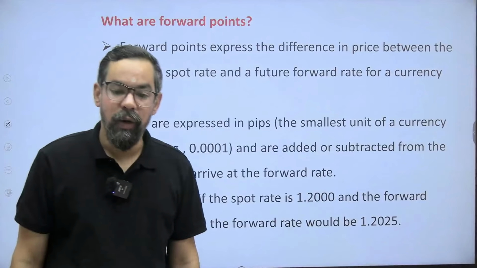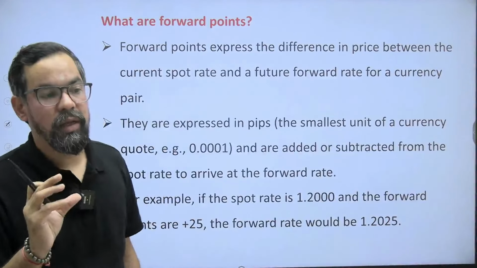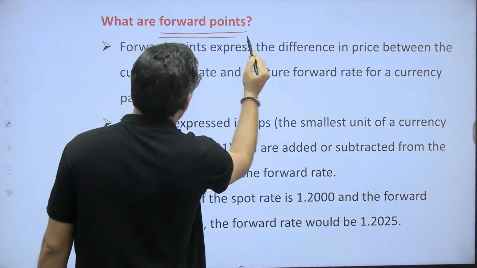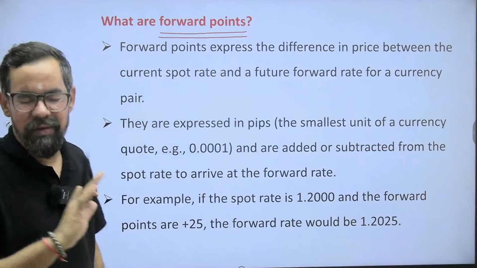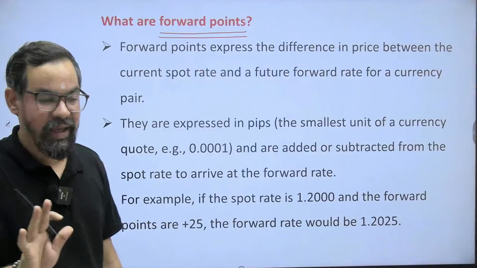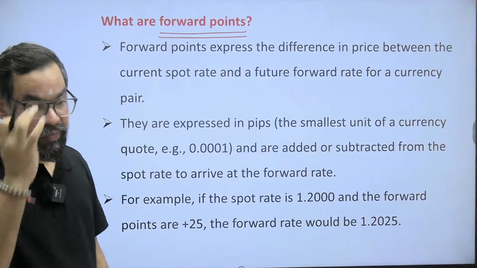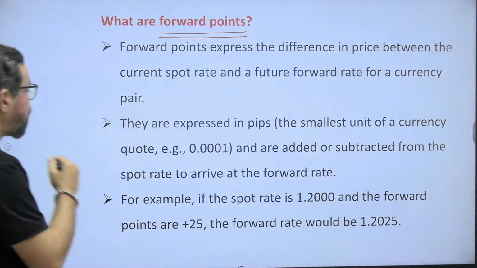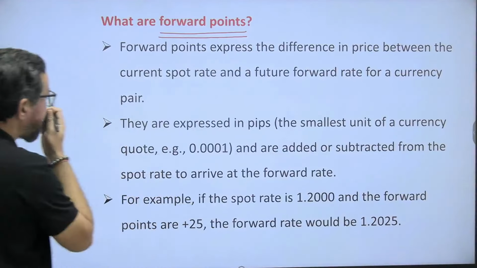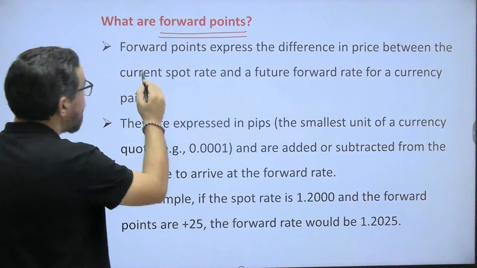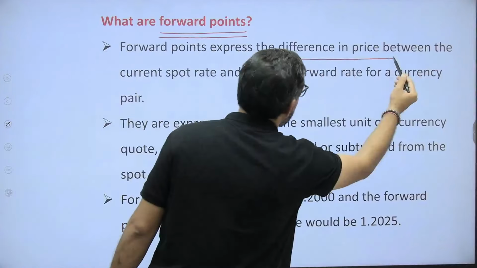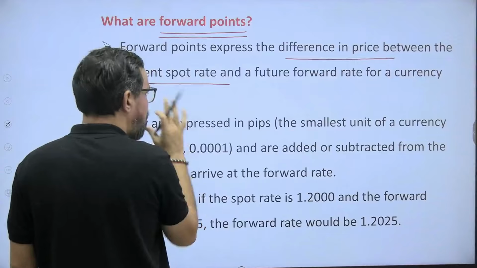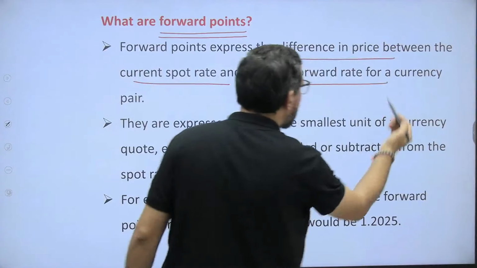Now after the forward rate, there is one terminology that is generally known as forward points. Forward point is very basic and it gets asked many times. So it is the difference. Forward points express the difference in price between the current spot rate and the future rate for the currency.